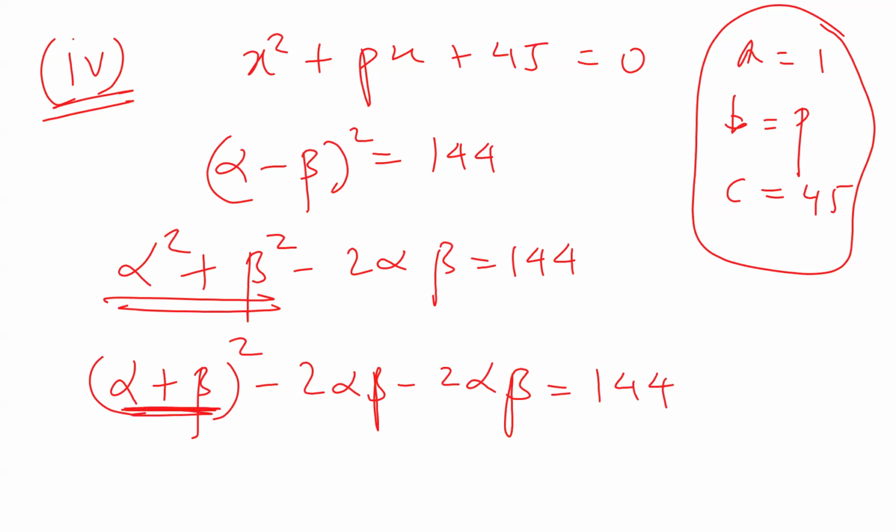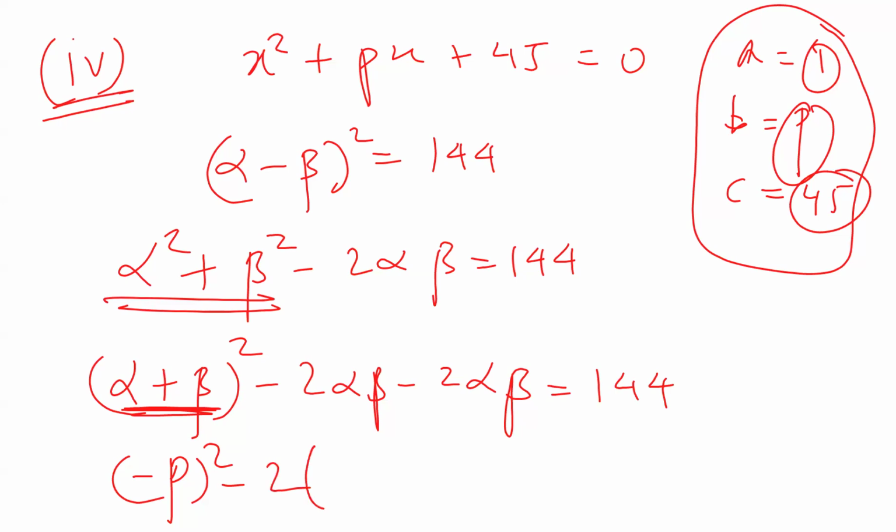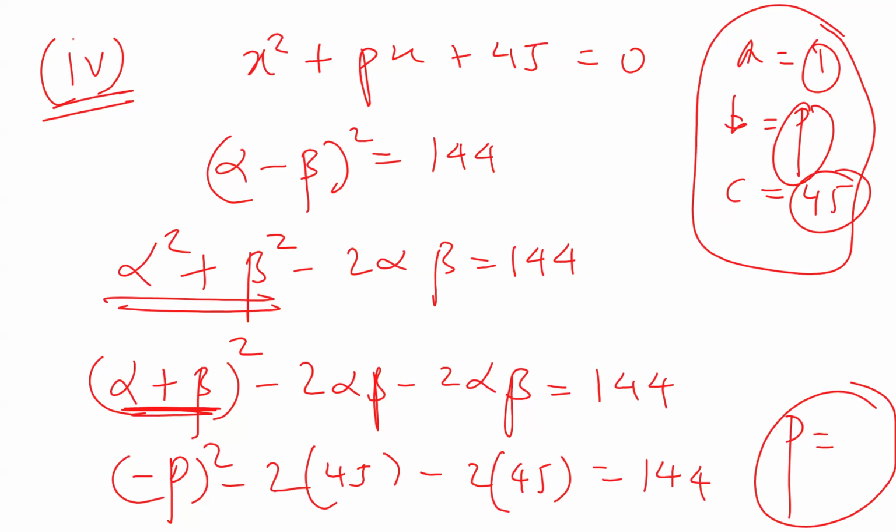Now alpha plus beta is minus b by a, so that's minus p, and alpha beta is c by a, so that is 45. So (minus p) whole square minus twice 45 minus twice 45 is equal to 144. When you solve this, you will get two different values of p because this will be p square. Now once you get the value of p, the sum does not end over there.